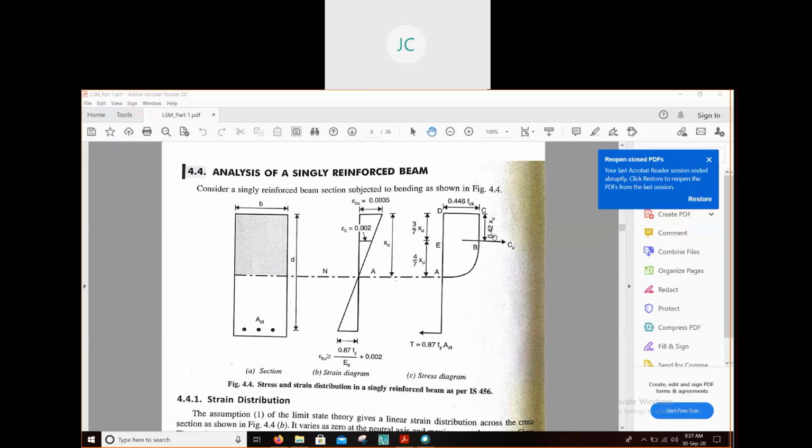Anyone have any idea from where we have got this diagram? This portion is parabolic, this portion is straight.